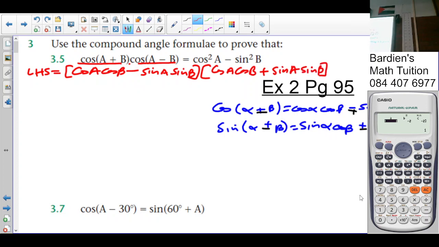The conjugate pair, not so, will result in a difference of 2 squares. So I can multiply the first and the last.